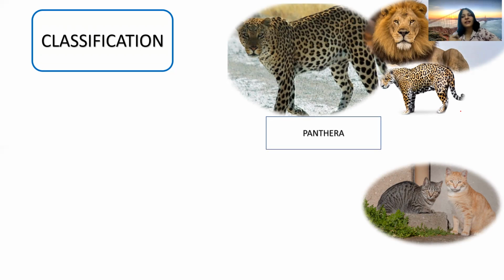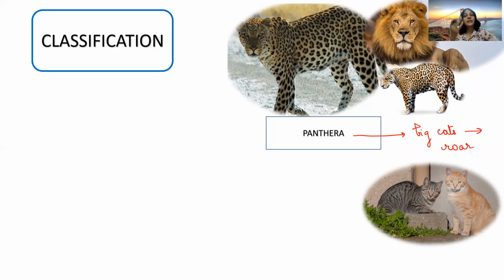Lion and jaguar, we already know, belong to the genus Panthera. Panthera is the genus of all organisms which are big cats and have a roar. They roar, they produce a sound.